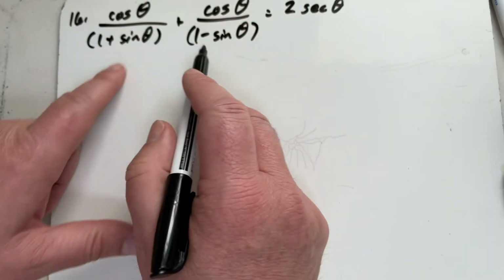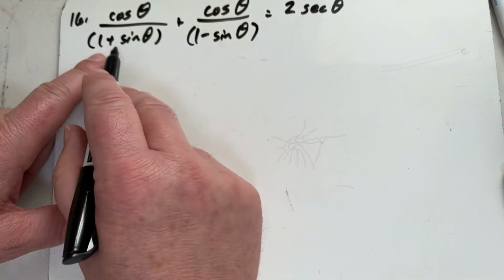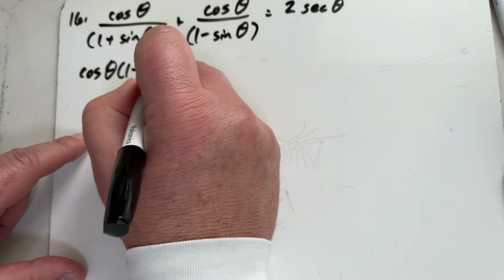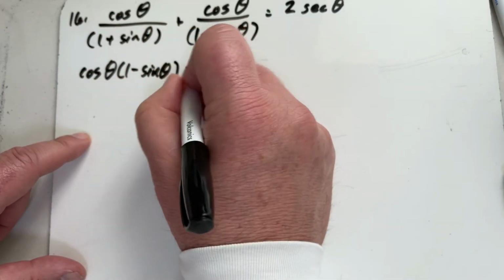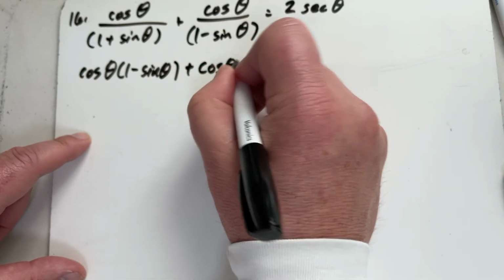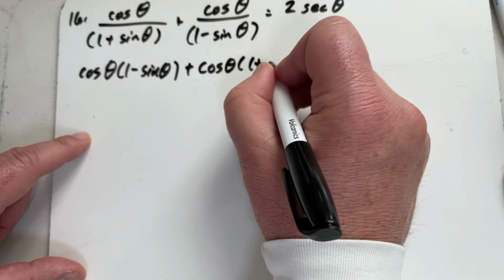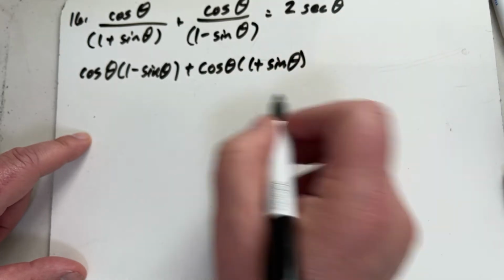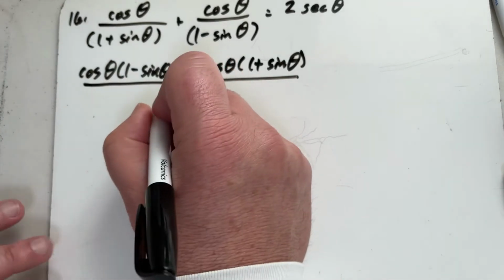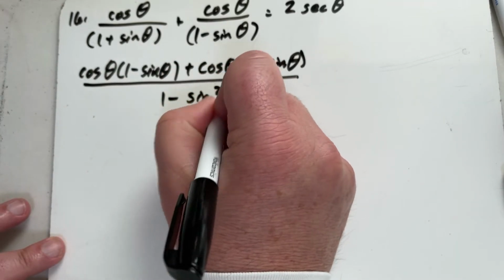Common denominators are here, so this one's missing 1 minus sine. So I have cosine times 1 minus sine. This one is missing 1 plus sine, so I have cosine times 1 plus sine. All over, and again, I'm going to FOIL this out. I'm going to get 1 minus sine squared.